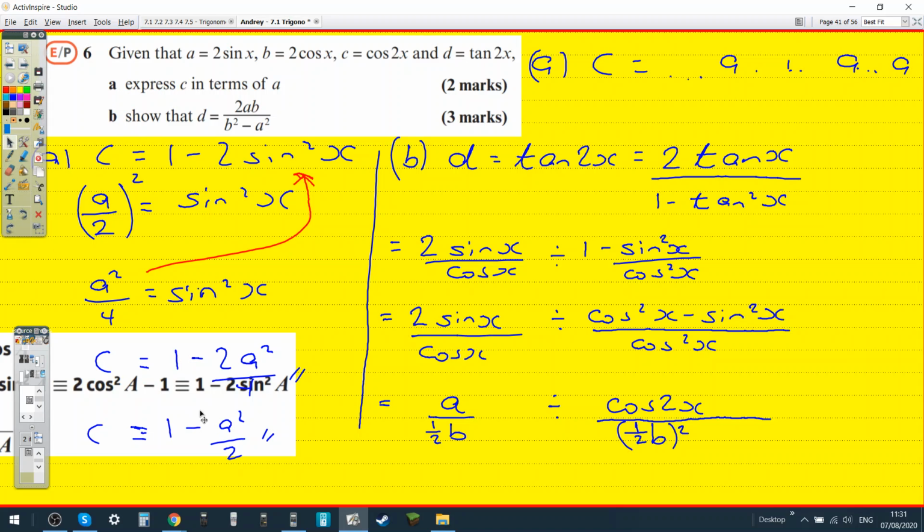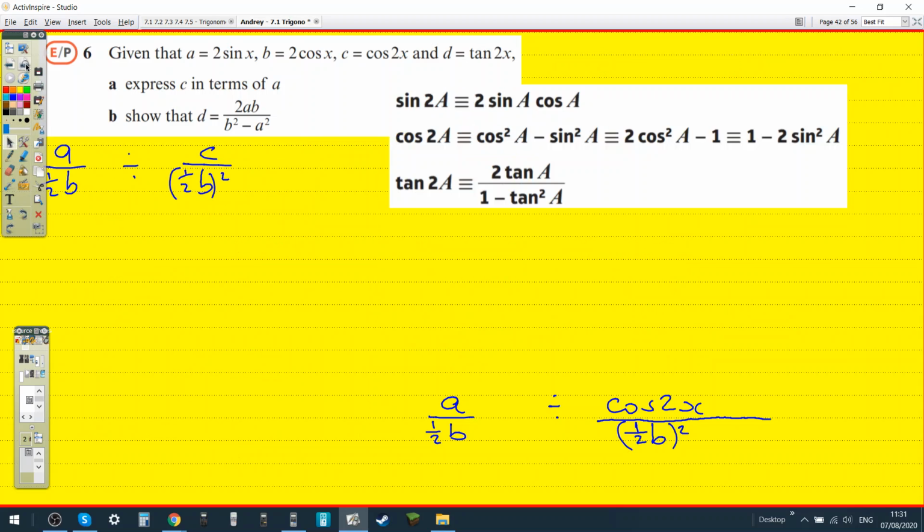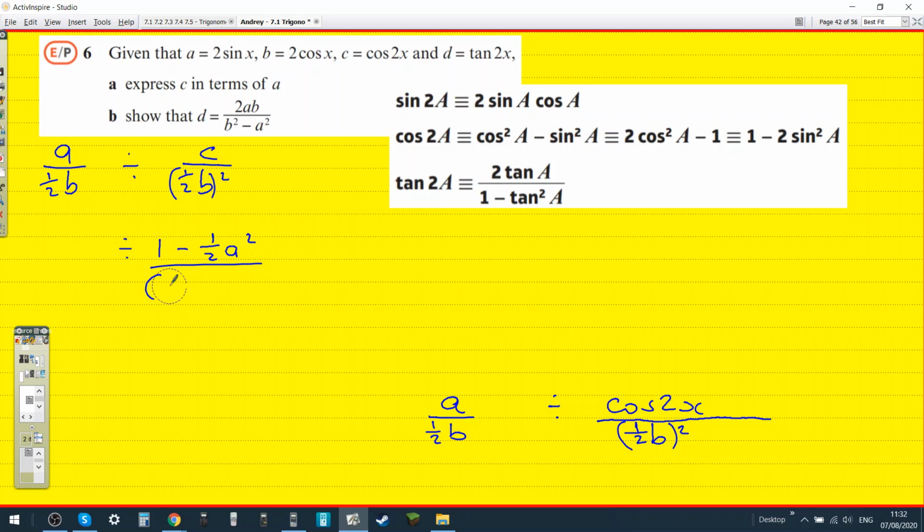Well, you said that c is equal to 1 minus a squared over 2, right? Okay. So that's 1 minus a squared over 2. I'm going to call that a half a squared. Yeah. Okay, now you can do whatever you want.